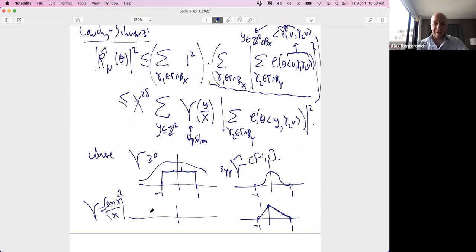You have to put in some constants to make it bigger than 1 on -1, 1. It has some zeros, but it doesn't matter. It's non-negative, it has this bulk region, and its Fourier transform is this thing.